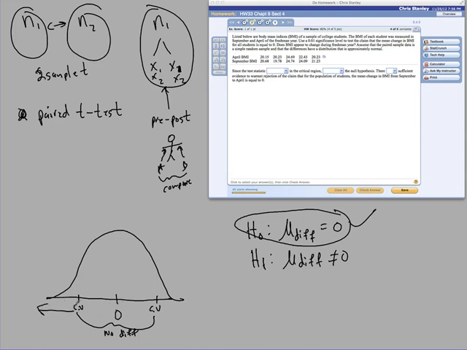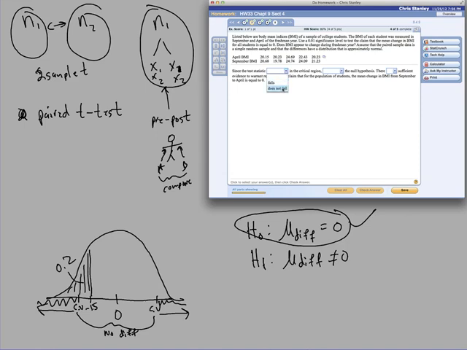If it falls anywhere out here, that means that there is enough evidence of a difference. Now what happened was we got negative 1.5, which was not far enough out there, because this gave me 0.2, which is not less than alpha. Does not fall in what is called the critical region.